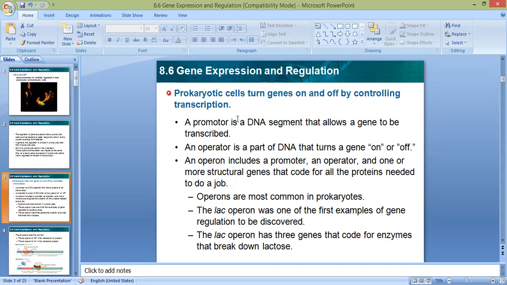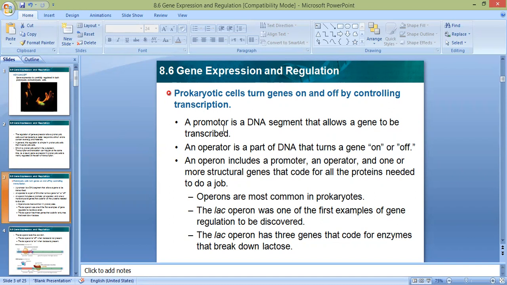Okay? Now the function of the promoter is allowing a gene to be transcribed. I have RNA polymerase. The RNA polymerase is the one that will start the transcription. This enzyme cannot start transcription unless it finds the promoter, the segment on the DNA that allows the gene to start being transcribed by this enzyme.